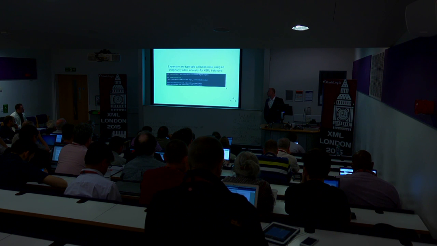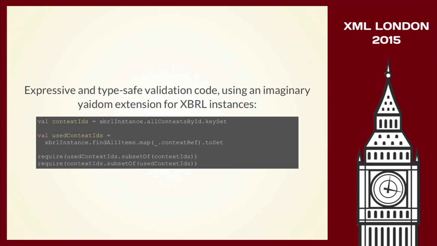I cannot show now how we can define higher level models. That's too much for a presentation, I think. But to give an idea of what it means for the code that you write for the validations, we see here code in which we do not retrieve attributes with specific names or elements with specific names. It's more type safe and it's more expressive.